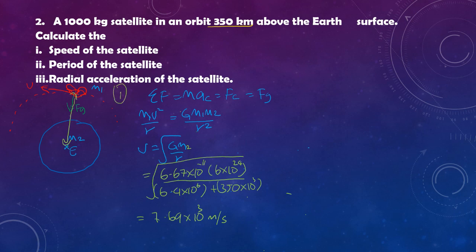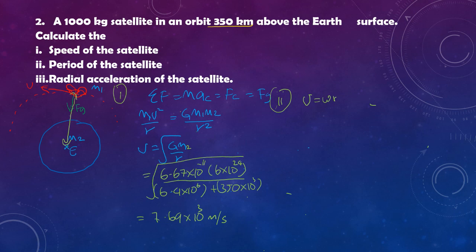Now for the period, number 2. We use the concept of velocity here. The formula for v for circular motion is v equal to omega r. Please revise this formula in chapter 6.